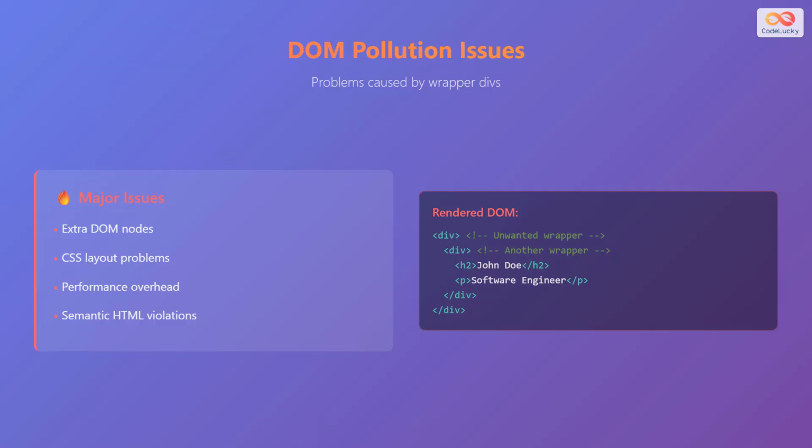Using unnecessary wrapper div elements can lead to several issues with the document object model, or DOM. First, it creates extra DOM nodes, making the DOM more complex and harder to manage. Second, it can cause cascading style sheets, or CSS layout problems, especially when using frameworks that rely on a specific DOM structure.